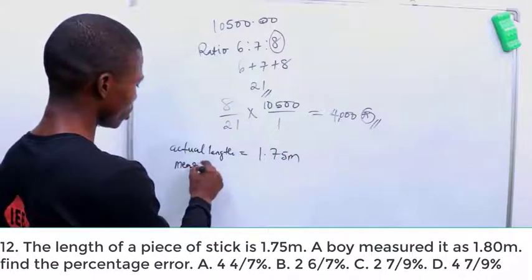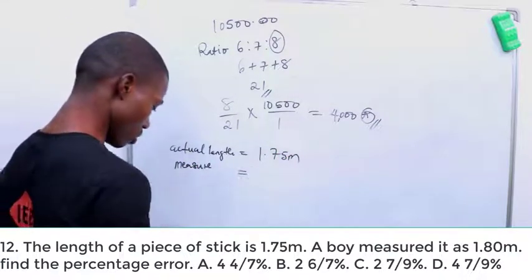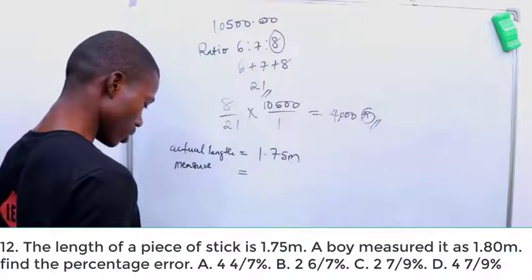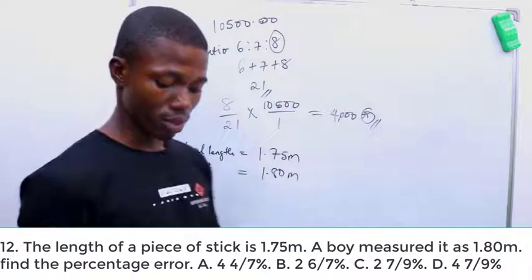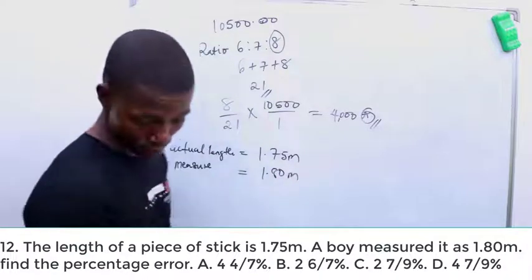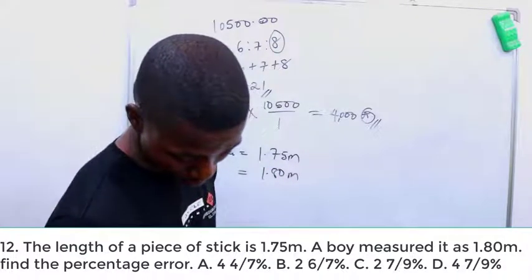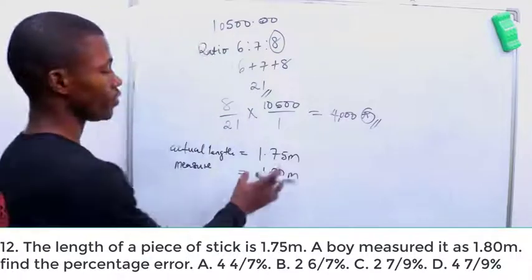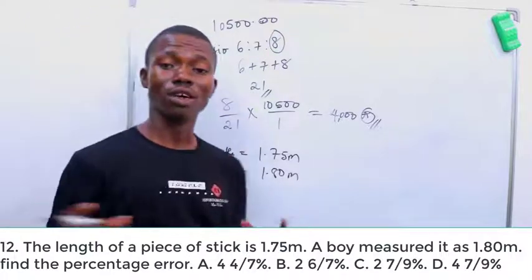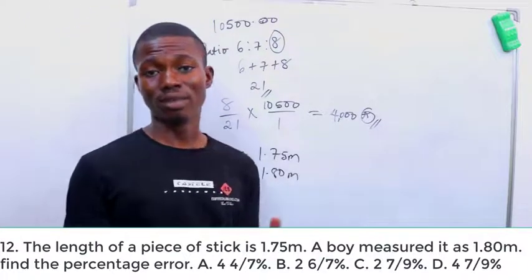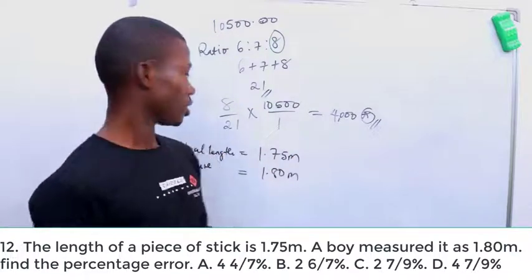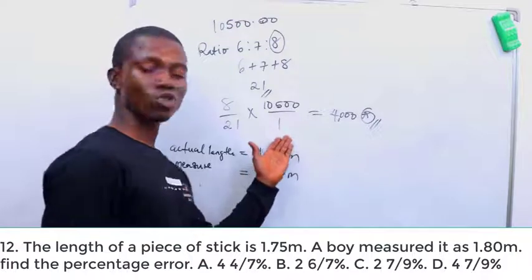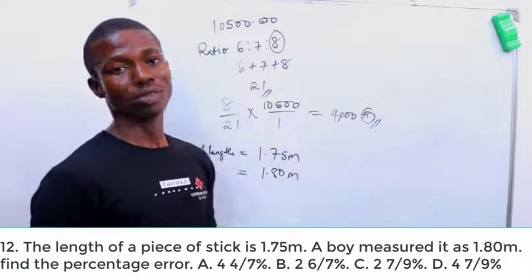What the boy measured is 1.80 meters. Okay, so they want us to find the percentage error. First of all, it's like cost price and selling price. So all you need is, first of all, to find your error. Then the error over the actual length, times 100 over 1.